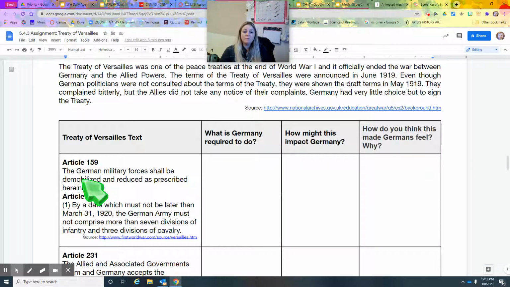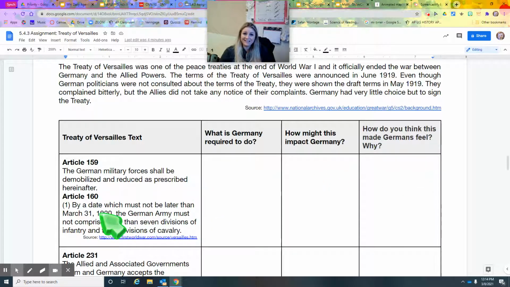Okay, so demobilized means no more military, less military. So what is Germany required to do in Article 159? How might this impact Germany? And how do you think this made Germans feel and why?